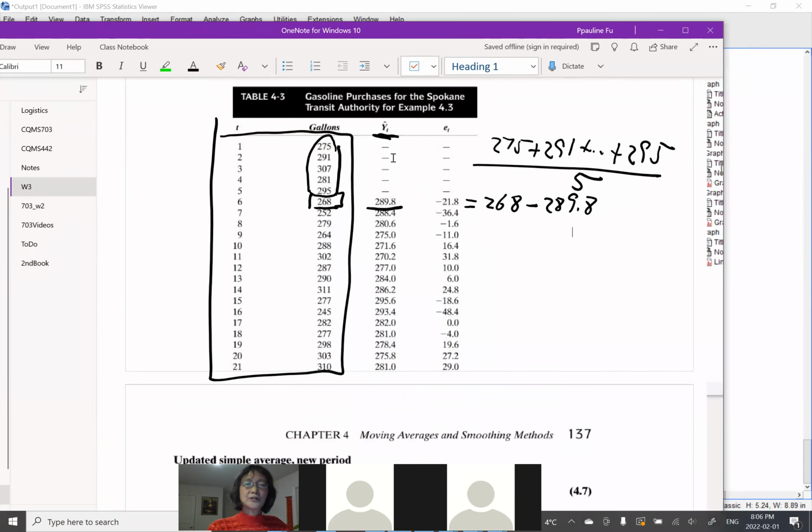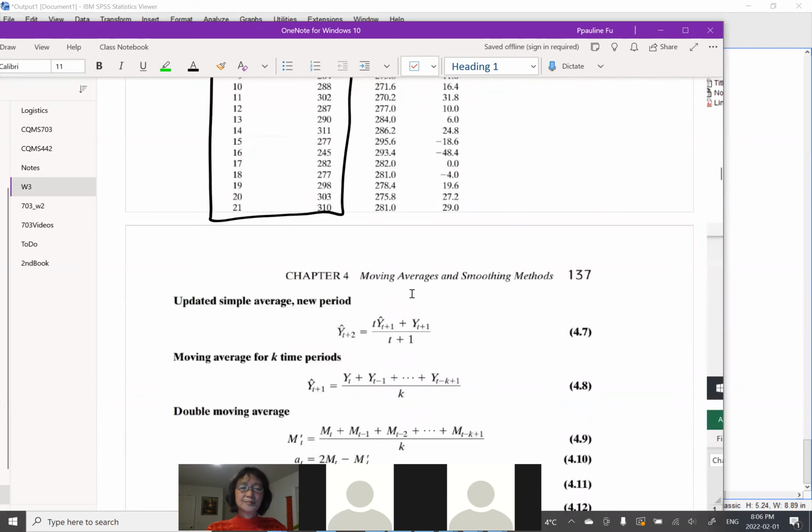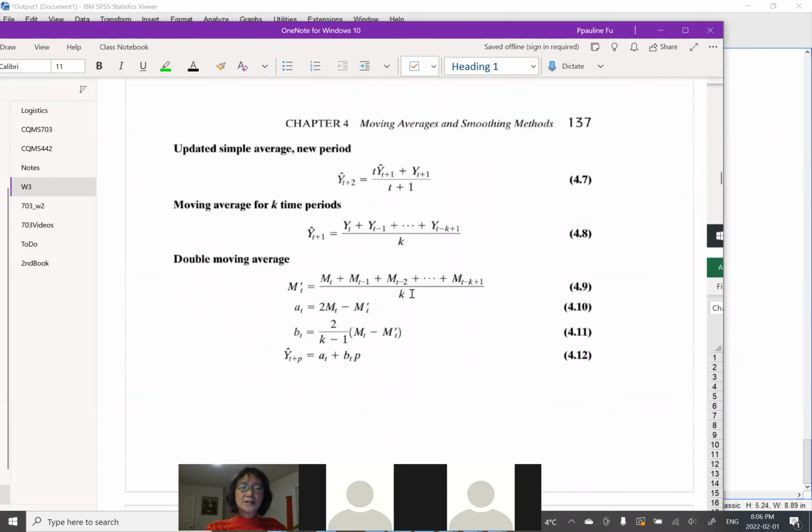You can also use data analysis, but since it is a simple formula, just typing average, you can get this result. And we use this formula 4.8, the moving average for K time periods. We did K equal to 5.